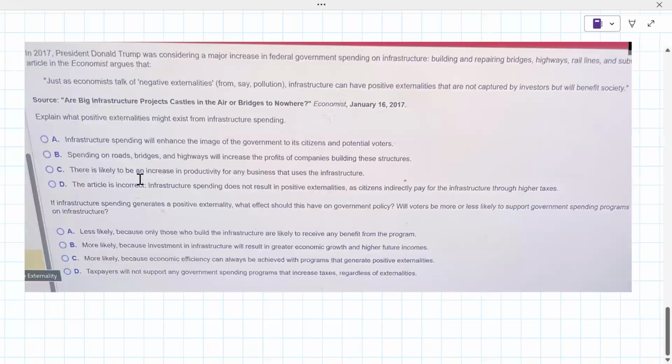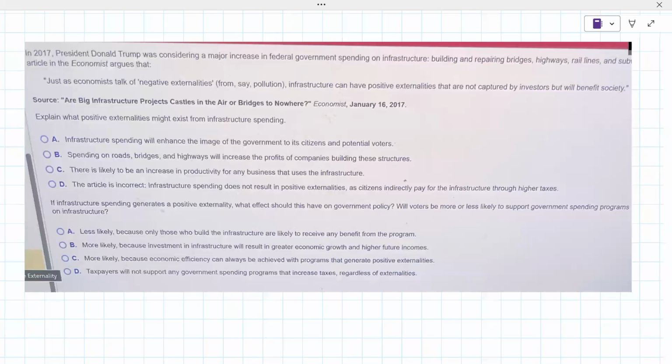So I guess I'm leaning towards C. There's an increase in productivity for businesses that use the infrastructure. That seems reasonable. It could be D. I mean, I don't know.